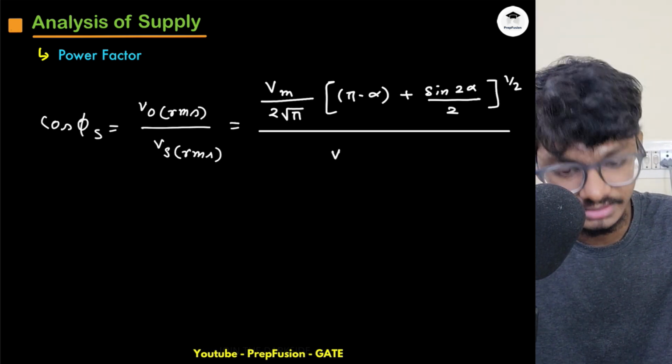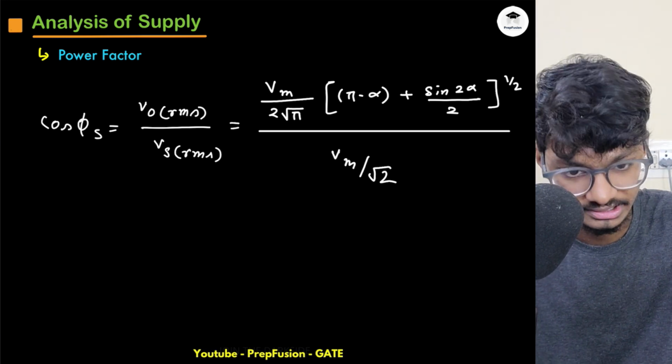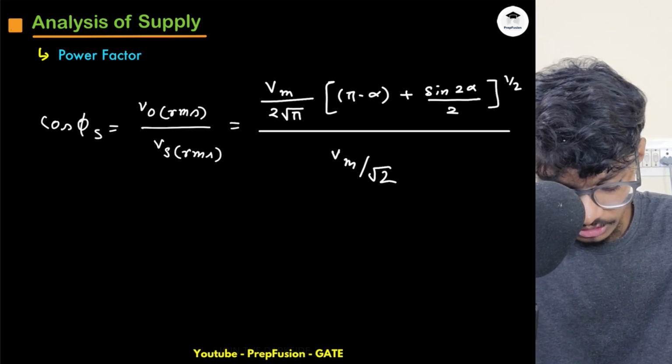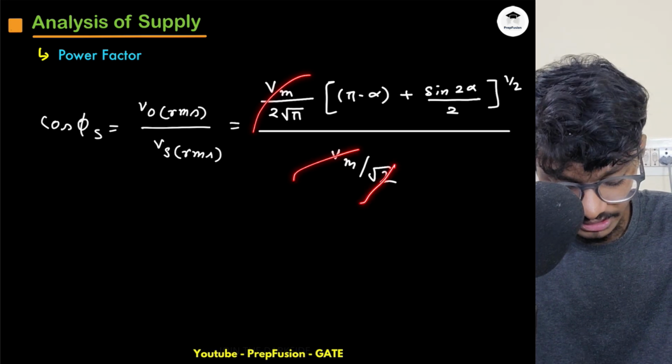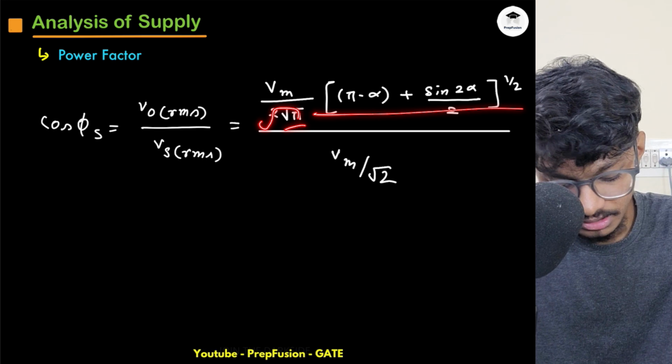And what is VSRMS? It is always Vm upon root 2, it doesn't care about any other thing. So Vm will cancel, and this root 2 will become root 2 pi into this.